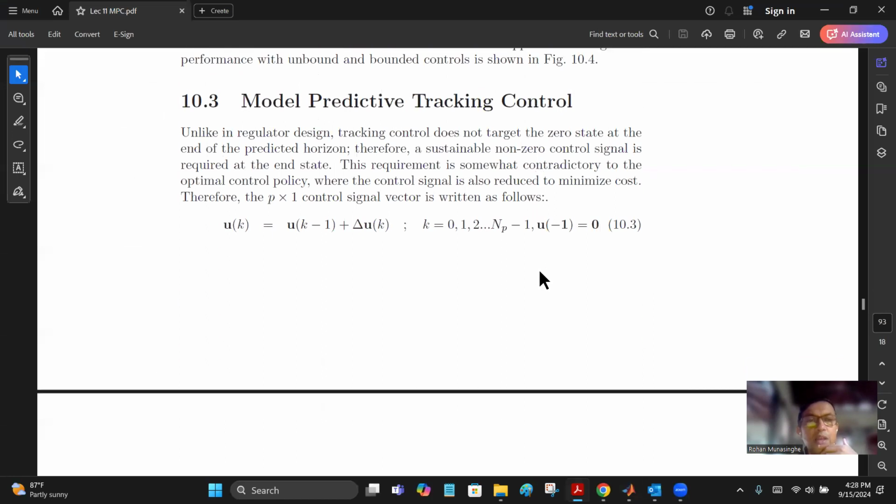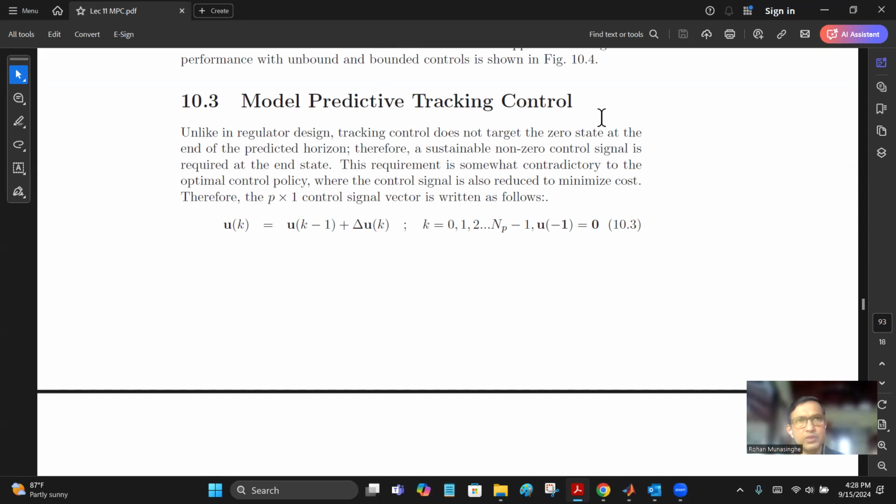Now we get to the last part of the discussion, model predictive tracking control. This is very interesting. I think I have explained to you there are two basic control problems. One is the regulator problem, the other one is the tracking control. In case of regulators, the reference is actually 0, all of the states at 0. So it's like stabilization.